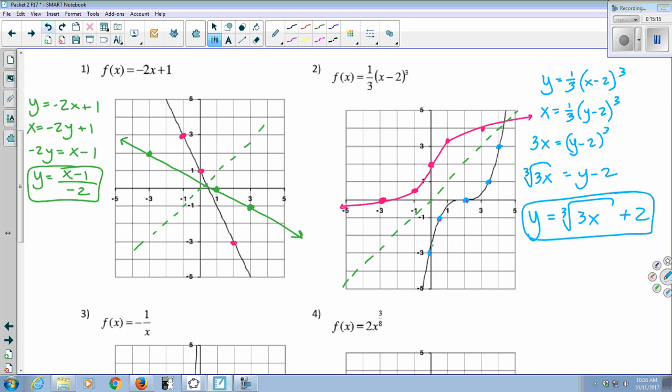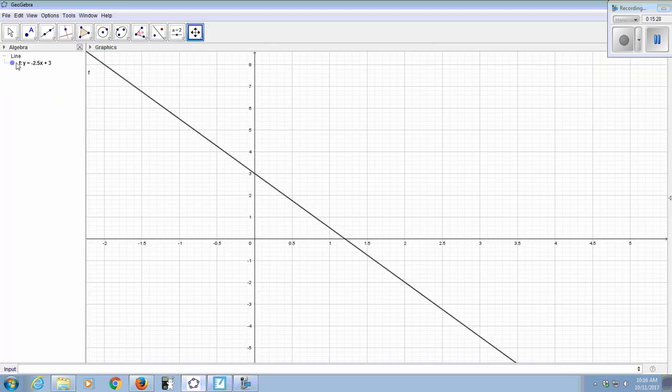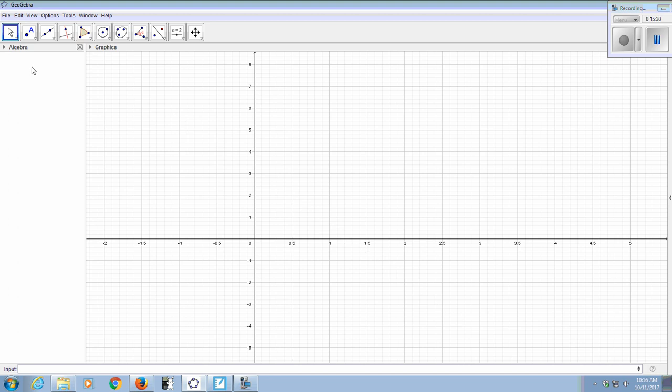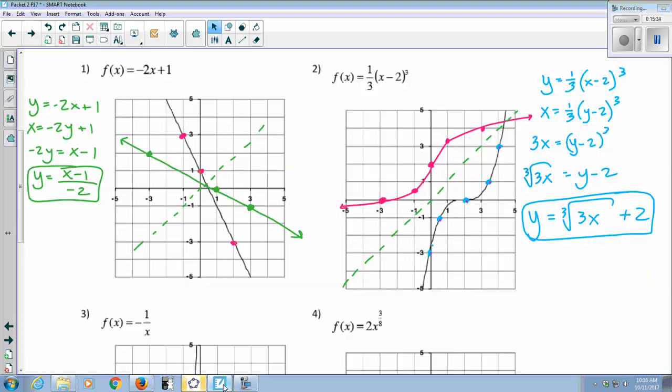And let's just quickly verify using some graphing software that that is the inverse, that it looks like what I got when I plotted points. Okay, so my original function is 1/3 x minus 2 cubed.